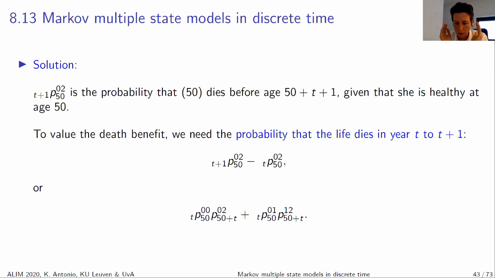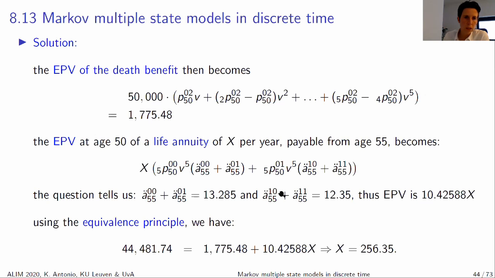And the death benefit that is applicable during the first 5 years of the product that I'm considering. So if I put that all together, I'll get something like this. So my EPV, expected present value of my death benefit, is given like this. What is important here, and what students sometimes forget, is that this death benefit will be paid at the end of the year of death, right?